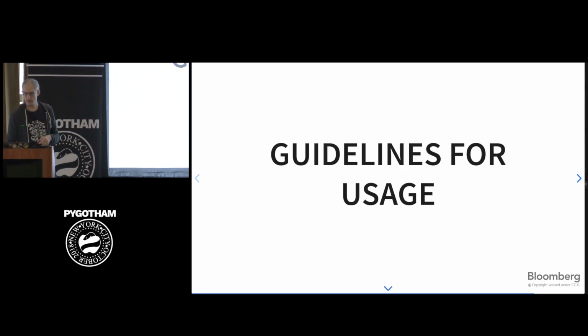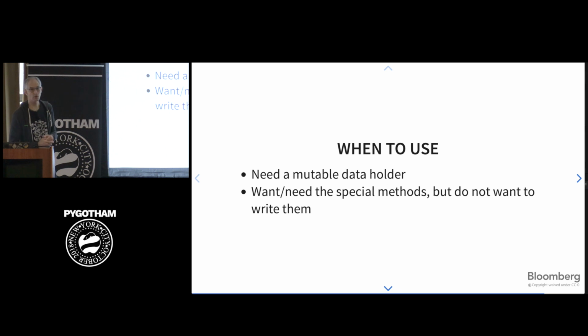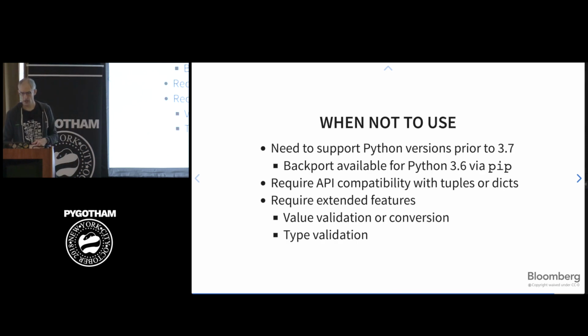So when do I want to use data classes? Well, when I need a mutable data holder. Also, I can use data classes when I want or need the dunder methods that it generates, but I don't want to have to write them myself. When do I not use a data class? Well, if you have to support any Python versions prior to 3.7. This is a feature that was introduced then.